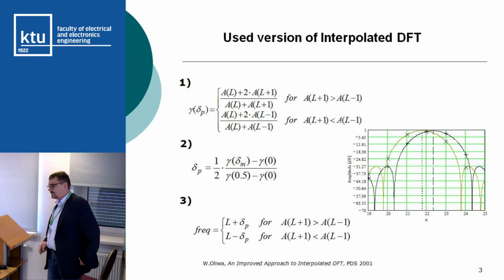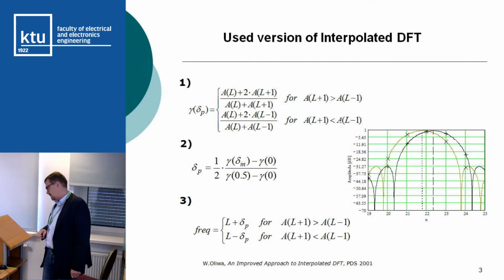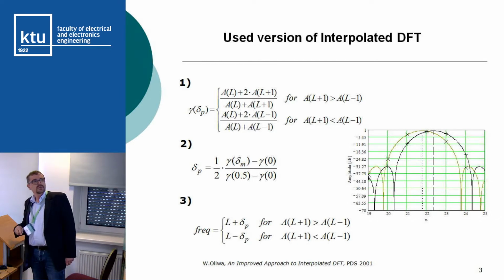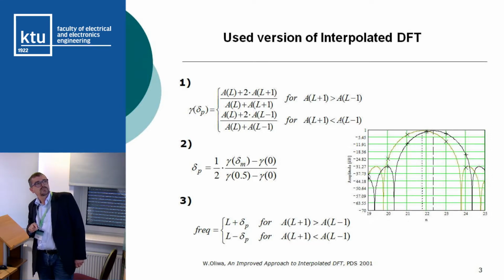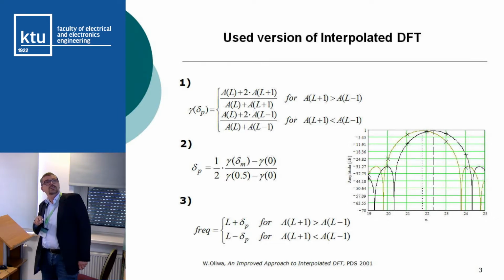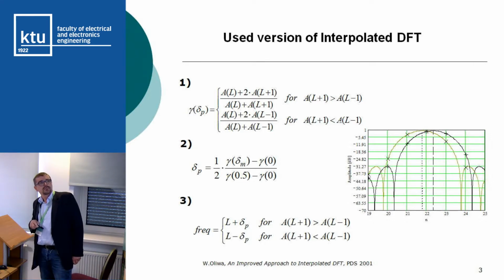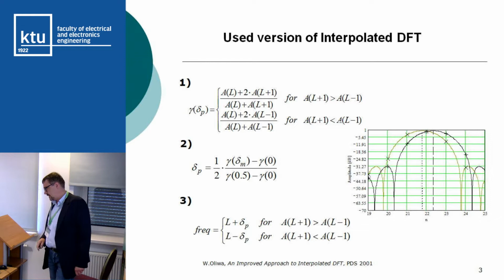Some years ago I introduced my own version of the interpolated DFT method, and it is so simple that you can see all of it on that one slide. It uses two maximum points. It depends on which is bigger, the point with index L plus 1 or L minus 1. So it has two versions, but they are very, very similar.